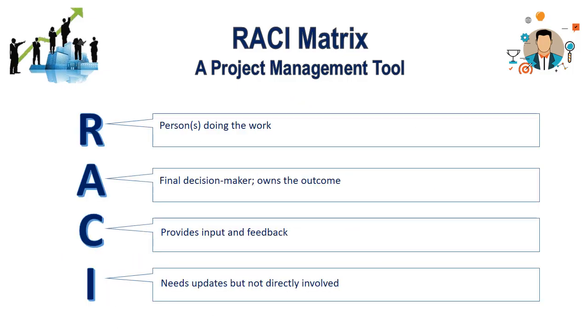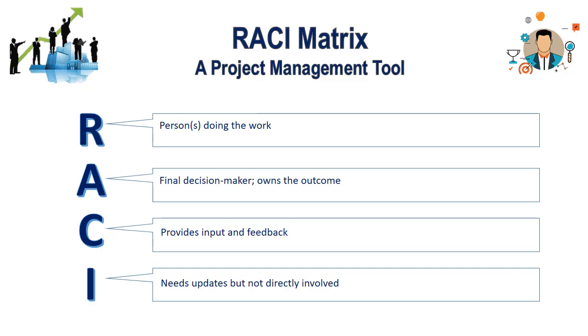Let's understand the four key components of RACI matrix. First, R, which denotes the person or persons doing the work. Second is A, which denotes the person who is the final decision maker or owns the outcome.